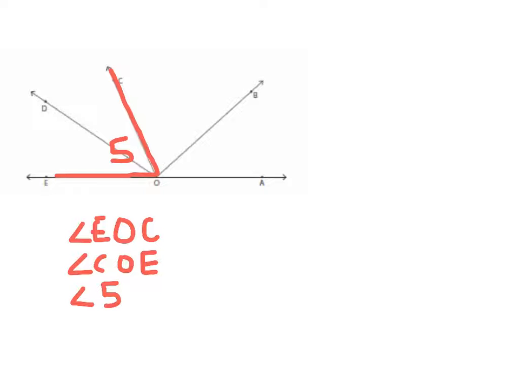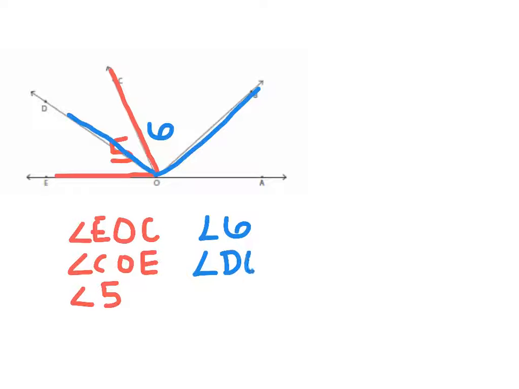Another angle, we could start over here. That could be angle 6. That could also be angle DOB or angle BOD. So that's 6 angles so far.